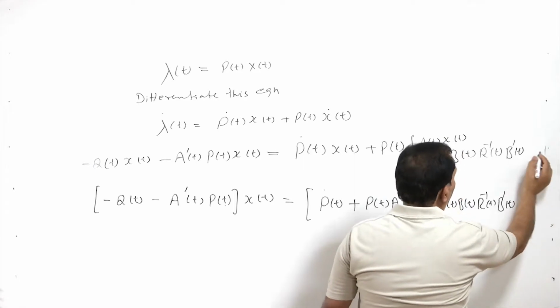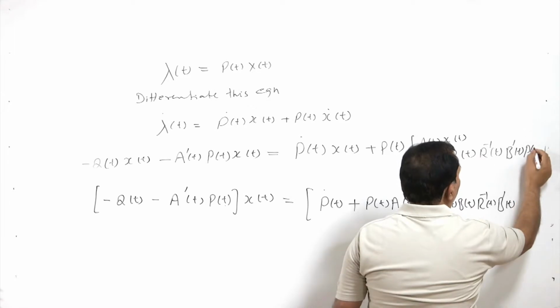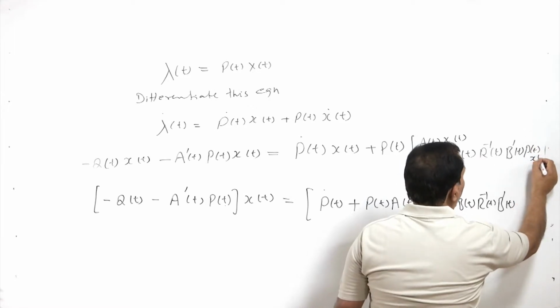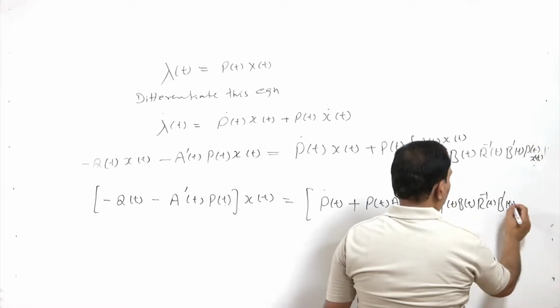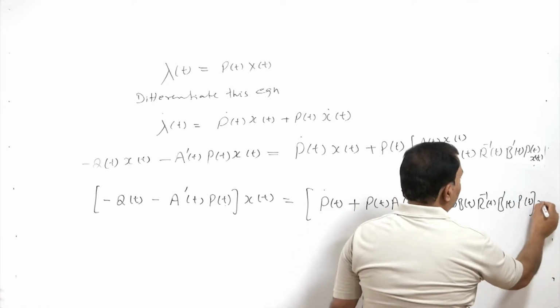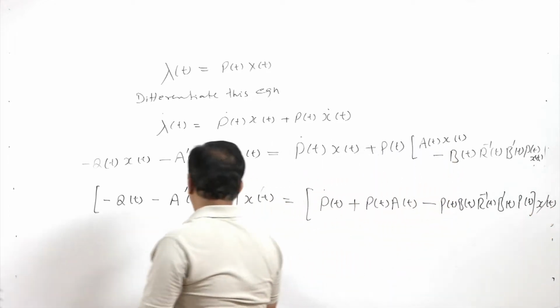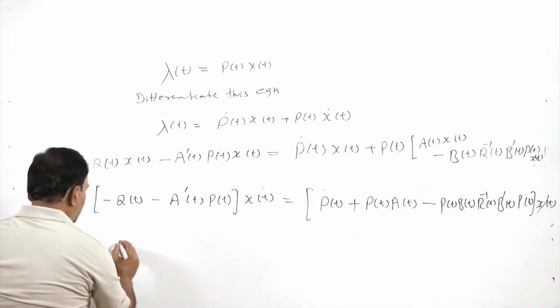Here I had directly written x(t), but this is B transpose P(t) x(t). And this x(t) we can cancel out and write the whole equation.